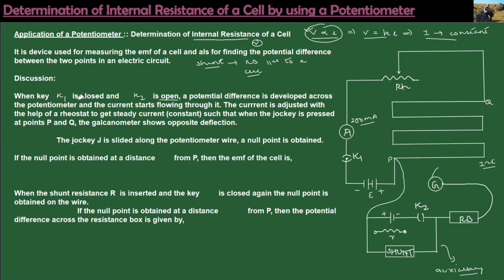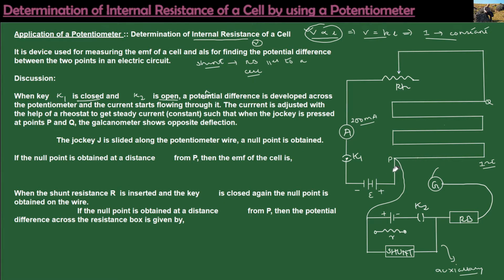When K1 is closed and K2 is open, a potential difference is developed across the potentiometer, and the current starts flowing through it.